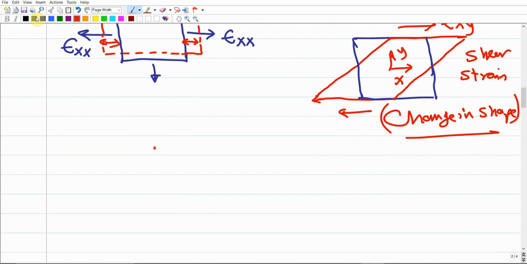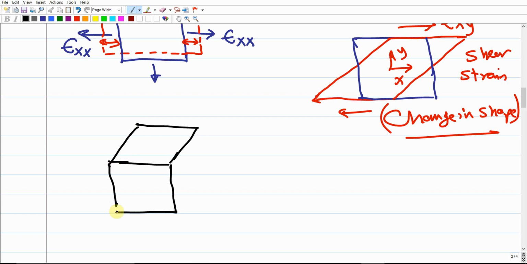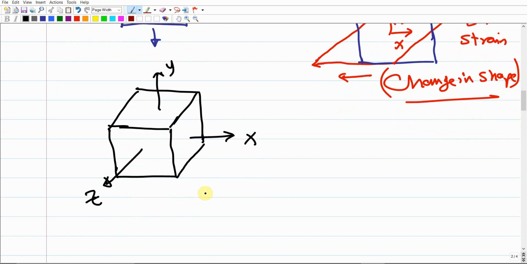To explain this, let us consider that you have this cubic shape. Assume that you have a continuum, and this continuum is simply a cube. Let us set up some coordinates: this is the x-axis, this is the y-axis, and here we have the z-axis in 3 dimensions.